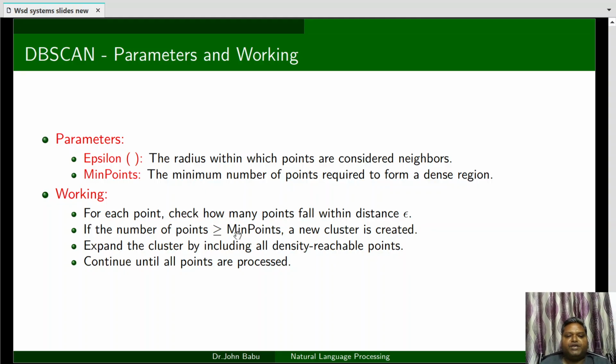So for each point, we check how many points fall within the distance epsilon. If the number of points is greater than min points, we create a new cluster. And this is how clusters are expanded. We continue until all the points are processed.